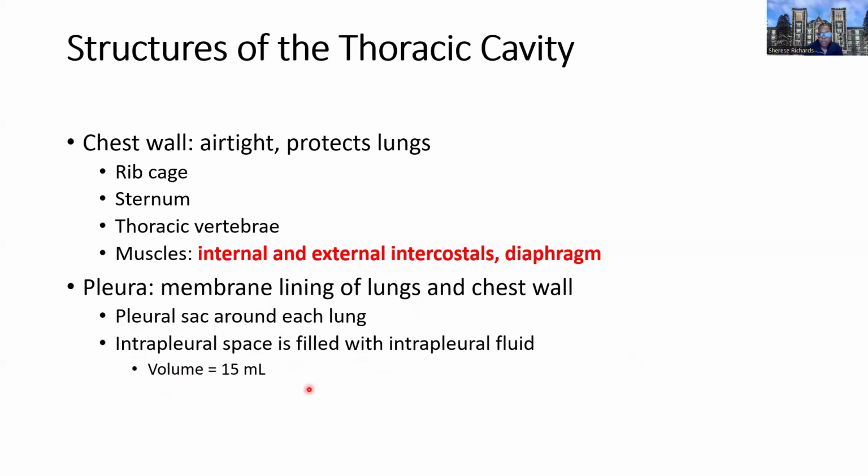And the role of that fluid is to cushion the movement of those two layers as the lung and thoracic cavity move. So it gives a little bit of lubrication, reduces the friction as those two layers slide past each other when the thoracic cavity expands, and then again when the thoracic cavity deflates, or gets smaller.